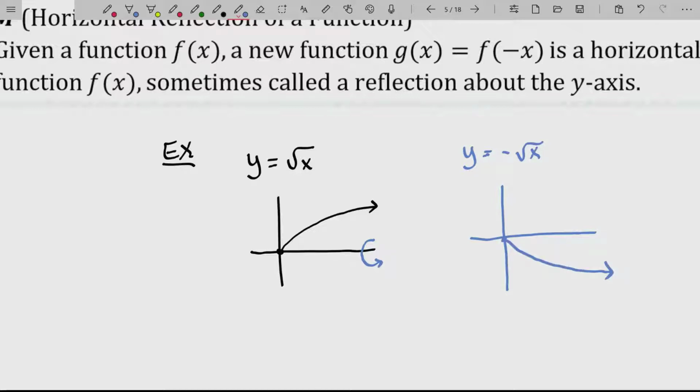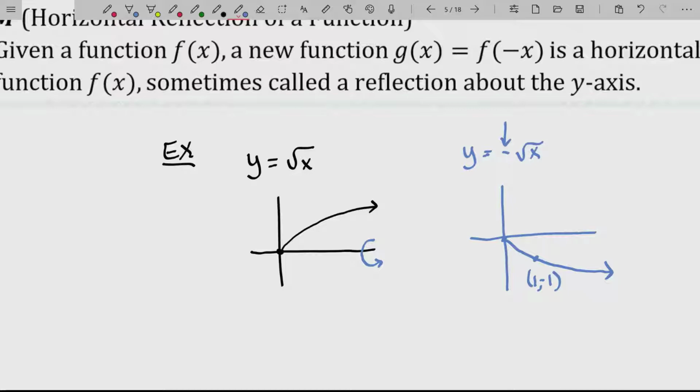It looks like the same curve, it's just been spun around the x-axis. It still goes through (0, 0), but it does not go through (1, 1) anymore. It goes through (1, -1), because all the y values are the opposite of what they used to be. That's what that negative does, is it makes all the y values opposite of what they used to be. So that's a good example of the vertical reflection.